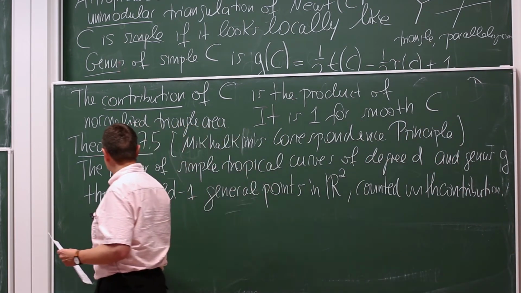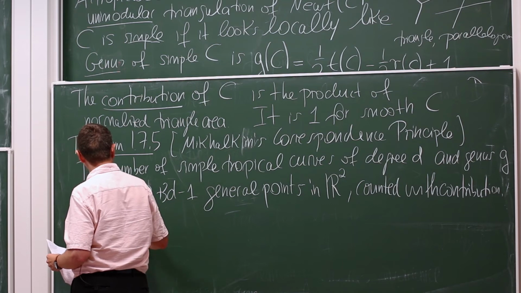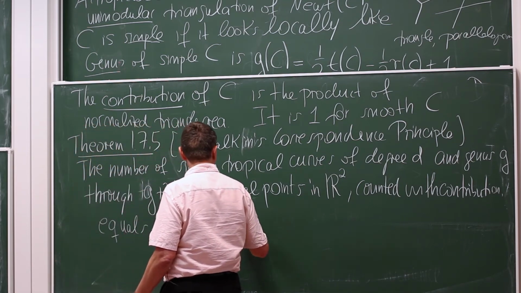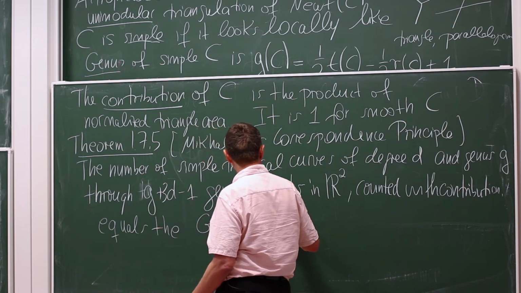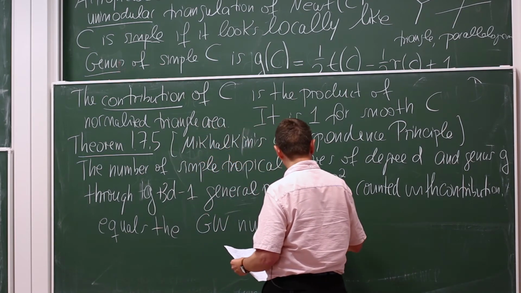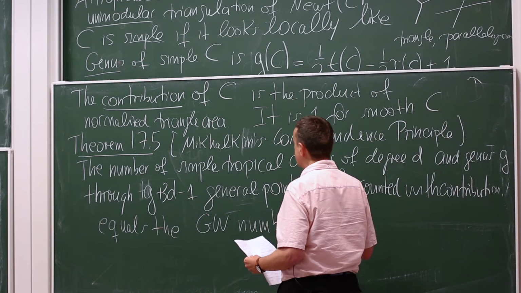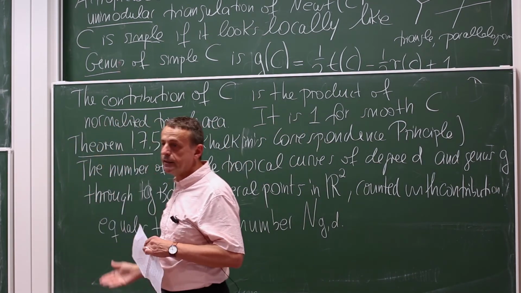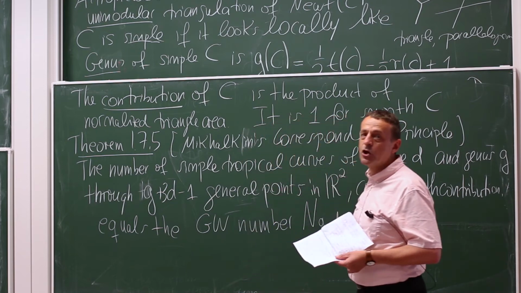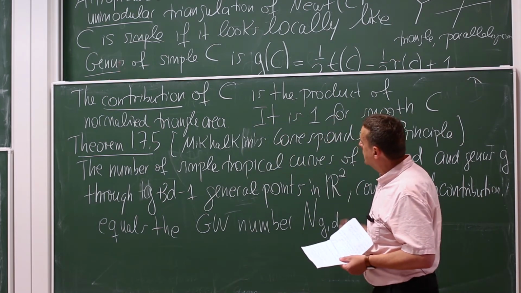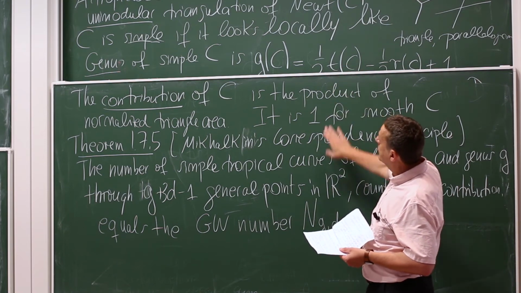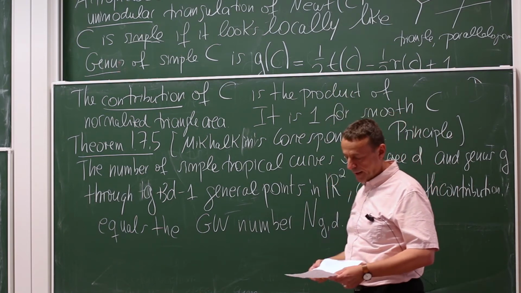And then that sum equals the Gromov-Witten number, the classical Gromov-Witten number N_{g,d}. Okay? So it says that this object that we defined in terms of complex geometry of plane curves agrees with this combinatorial count with the definitions here on the right blackboard.